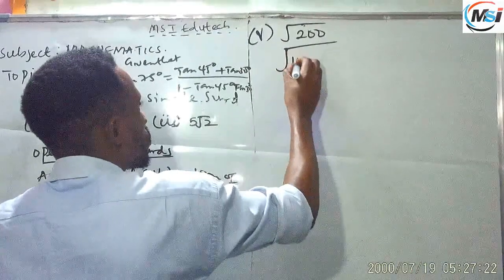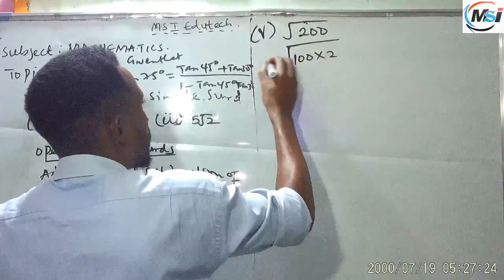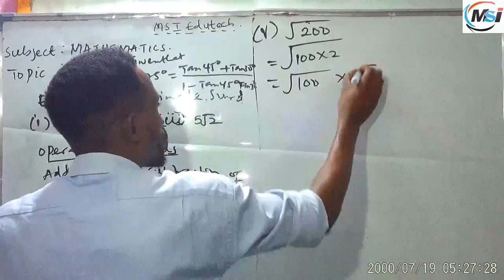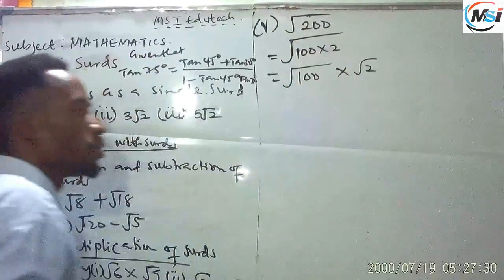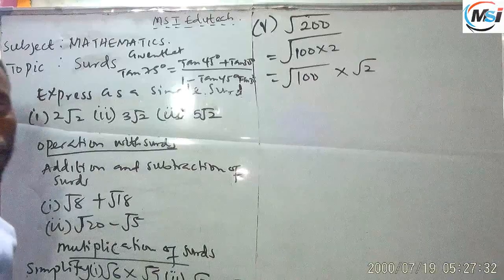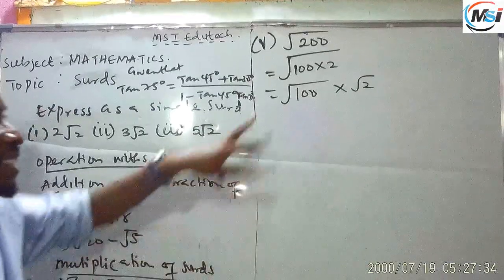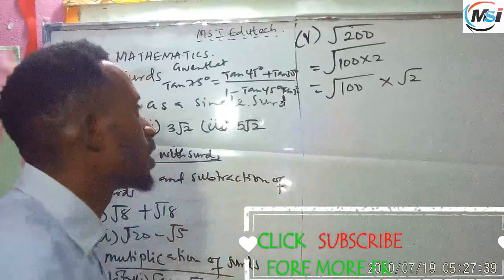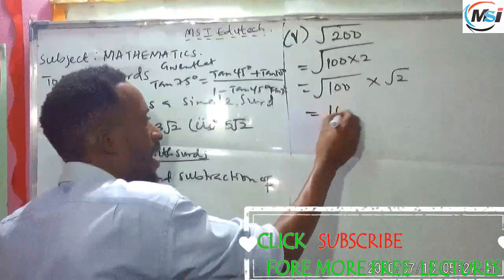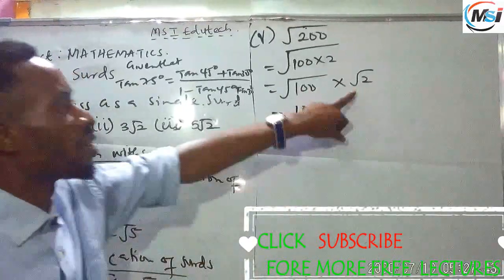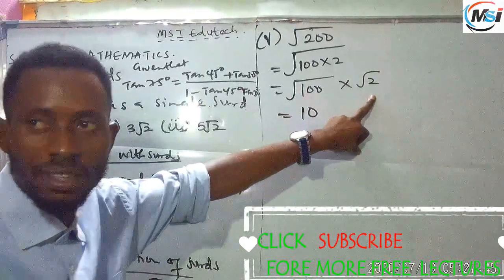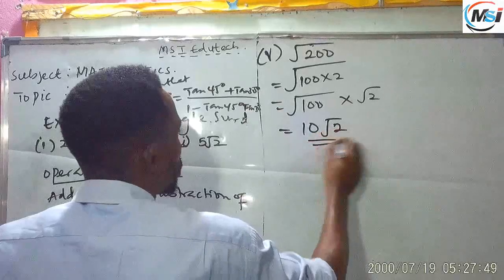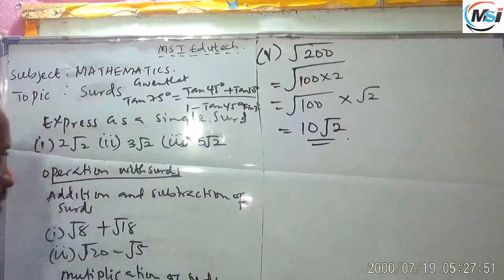Therefore, root 100 times root 2 will give you root 200. The square root of 100 is 10, while root 2 doesn't have a direct square root, so you leave it in that form. So you have 10 root 2.